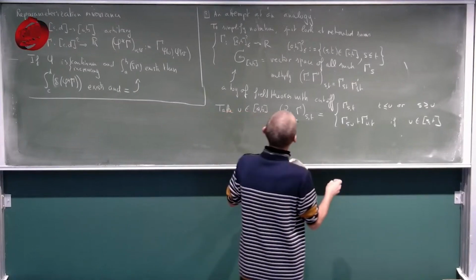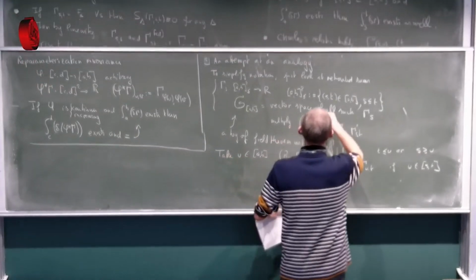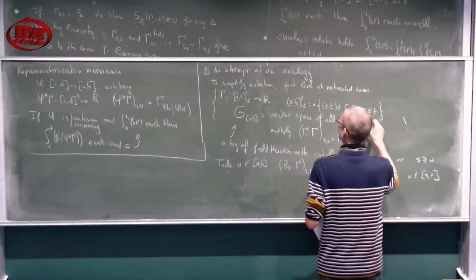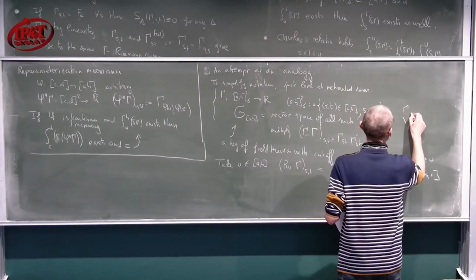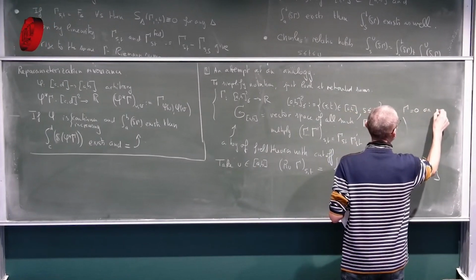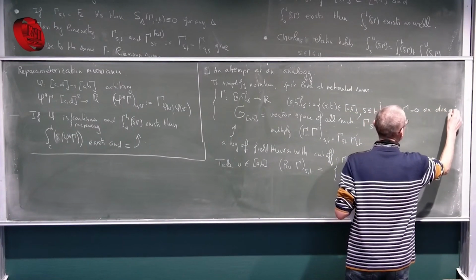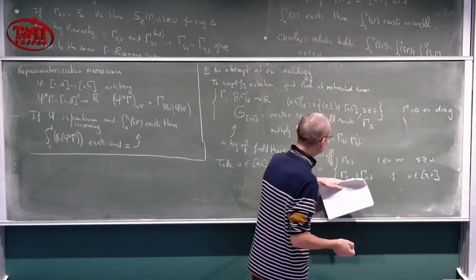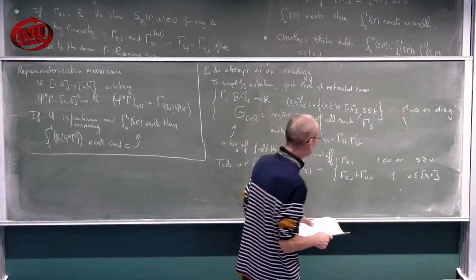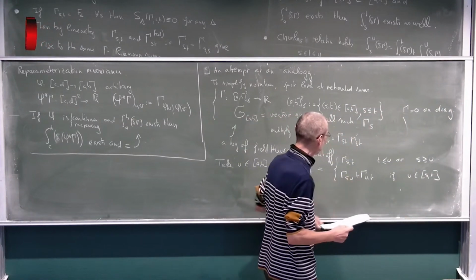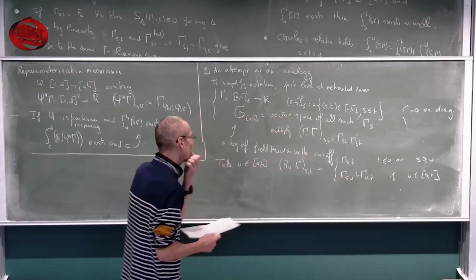Maybe I should assume that gamma equals 0 on the diagonal, because if not, I might have some ambiguities.